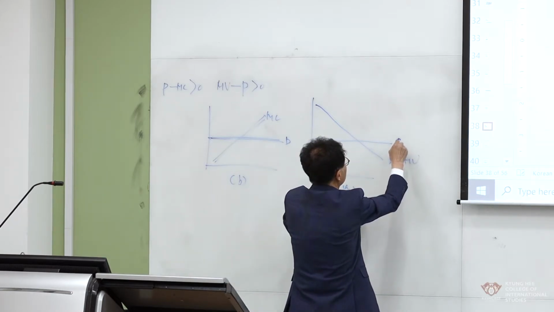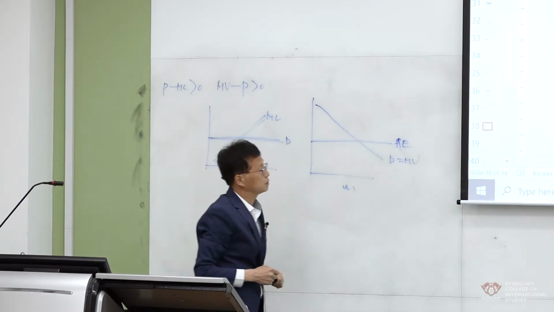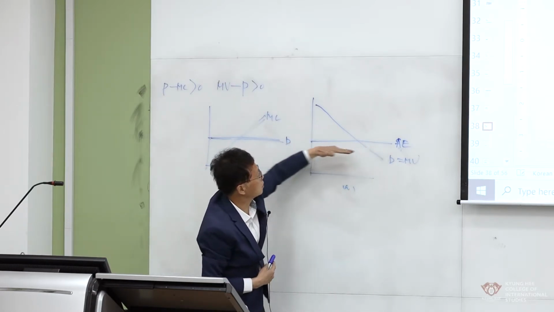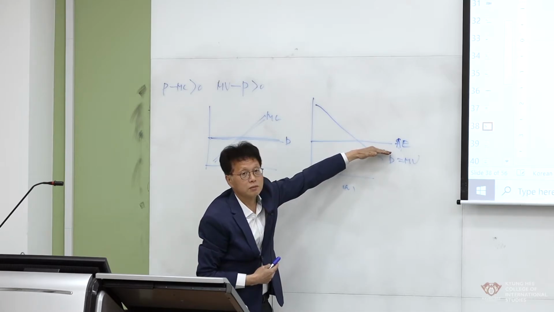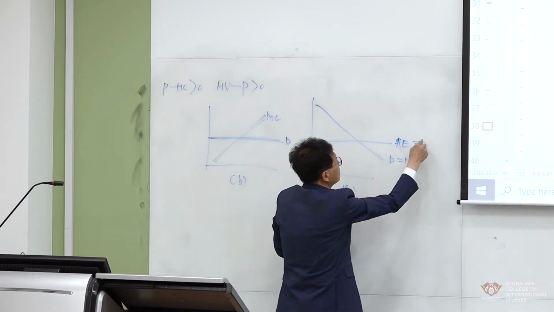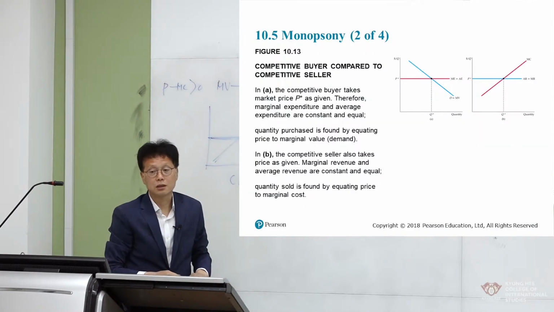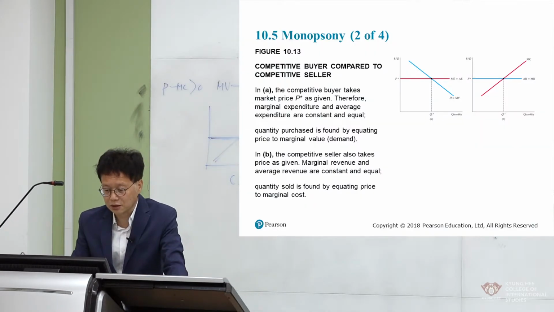The supply curve is the average expenditure curve. With a horizontal supply curve, average expenditure is horizontal, so marginal expenditure is also the same. Can you understand? That is illustrated here. In A, the competitive buyer takes market price PW as given.